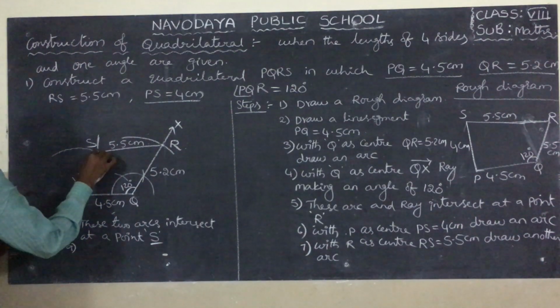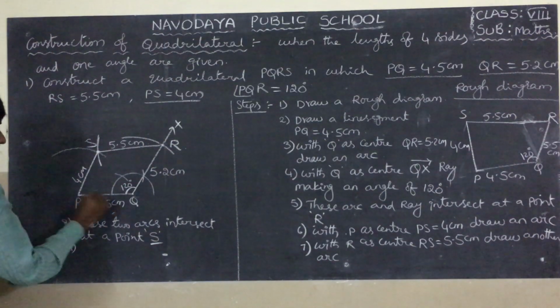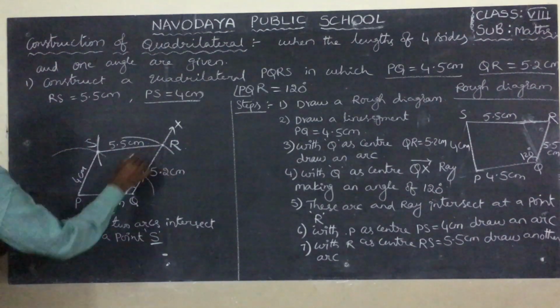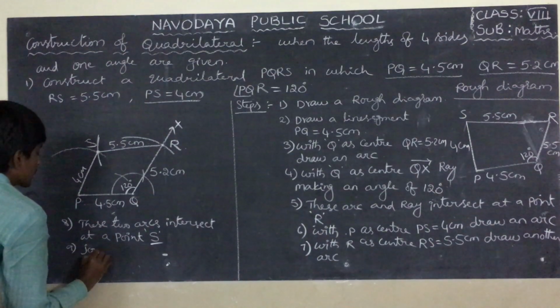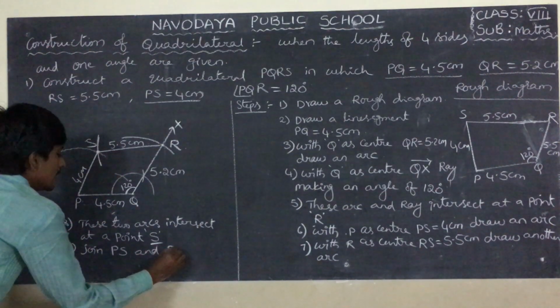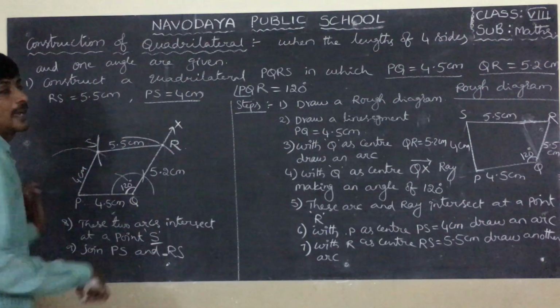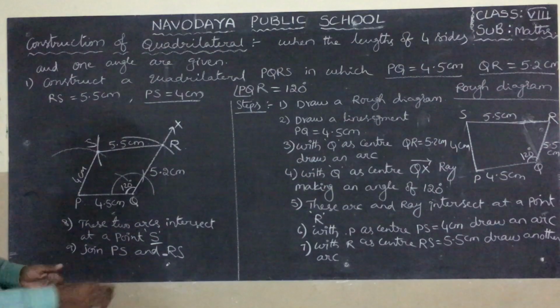Now this point is S, this point is R, P, Q. Join PS and RS.